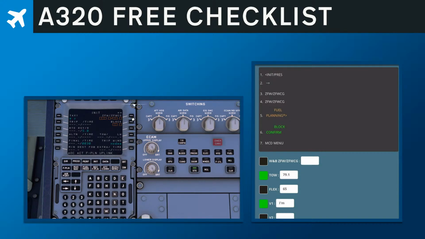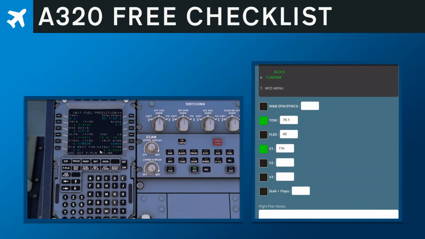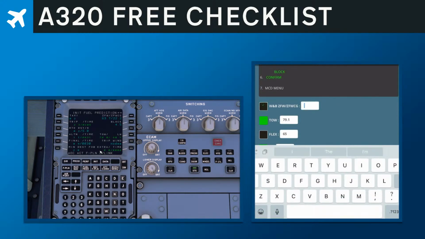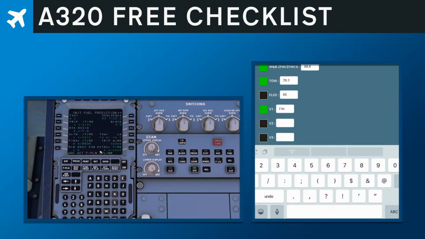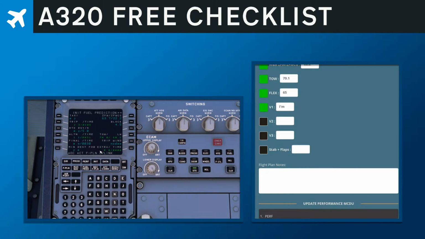So, let's call in our zero fuel weight. We click it once and you see it comes up down here, and we can check that we've got 22.2, and then click it again and that will insert it. We do the same thing with fuel and block confirm. That's basically the weight and balance. We'll come up to the speeds in a minute.